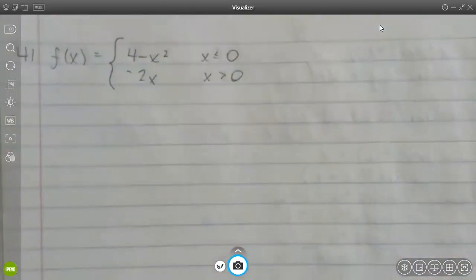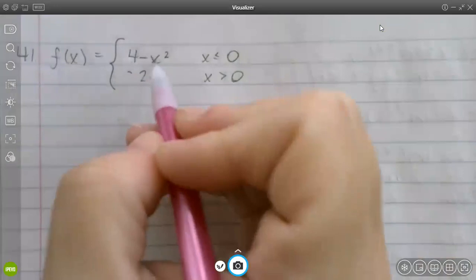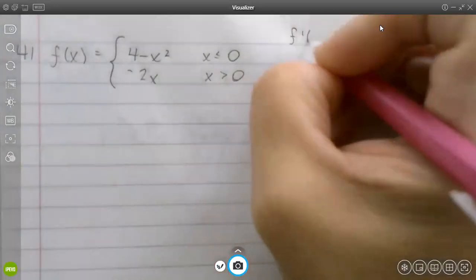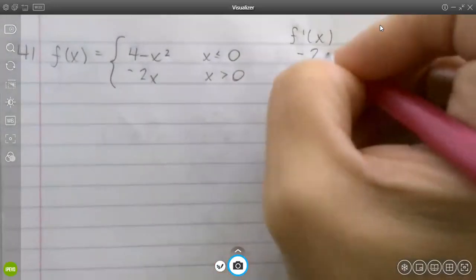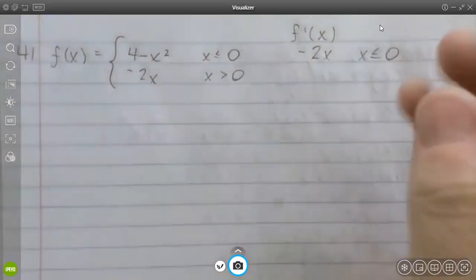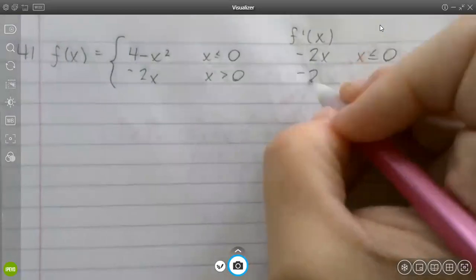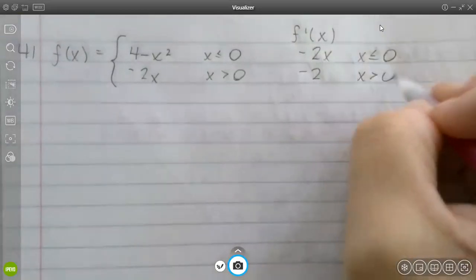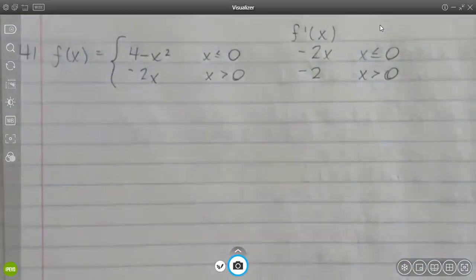So you're actually going to take the derivative of both of them and then use those values that you have. So they give you that x is less than or equal to 0 and x is greater than 0. What's your derivative of 4 minus x squared? And then what's your derivative of negative 2x? Negative 2. So y'all should be okay with that part right there.